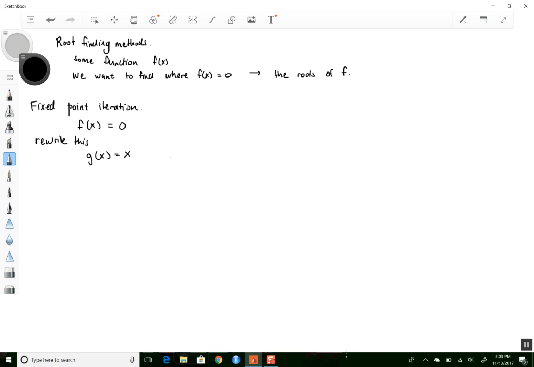Okay, so basically come up with a g of x so that solutions to g of x equal to x are also solutions to f of x equal to 0.